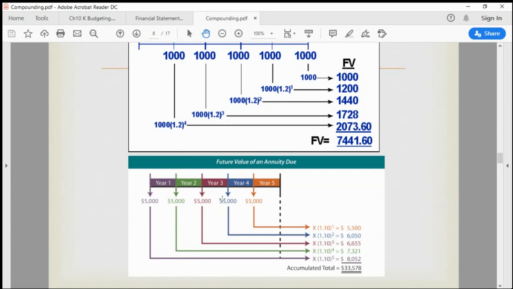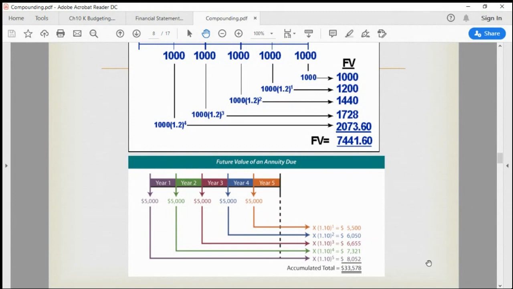And the second deposit earns interest 4 times. The third deposit earns interest 3 times. The fourth twice. Even the last deposit earns interest once.